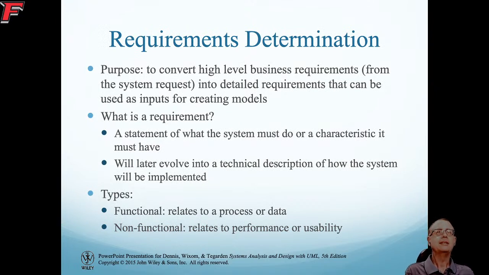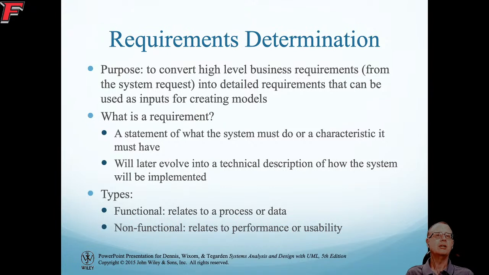So the idea of requirements determination is to convert those high-level business requirements from the system request into more detailed requirements. What is a requirement? It's a statement of what the system must do or a characteristic it must have. So it's either functional or cross-functional.